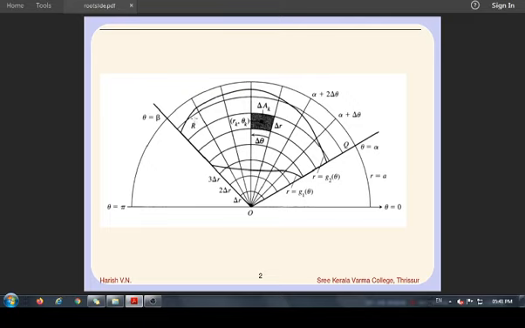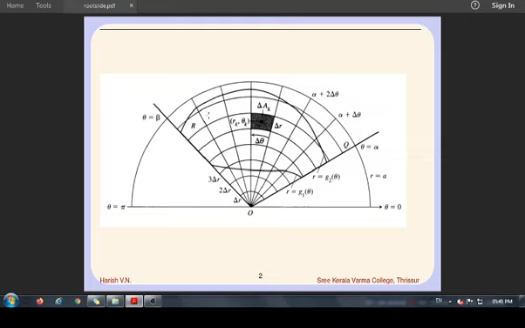That means essentially you are numbering these polar rectangles in some order, A1, A2, A3, etc. And actually you are ignoring polar rectangles that do not lie completely inside R. For example, this polar rectangle does not lie completely inside R, so you can ignore this.